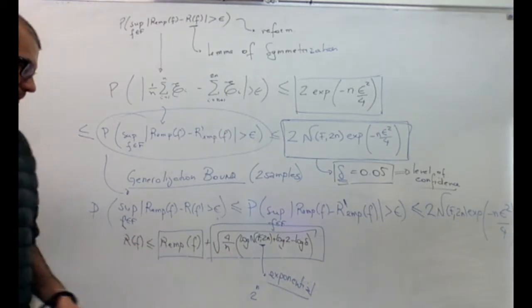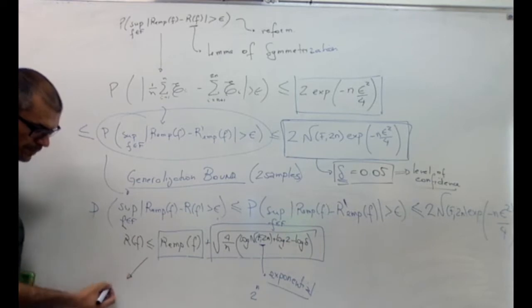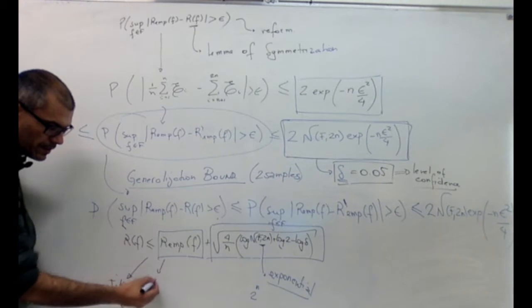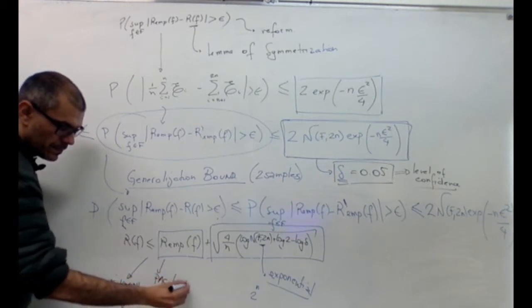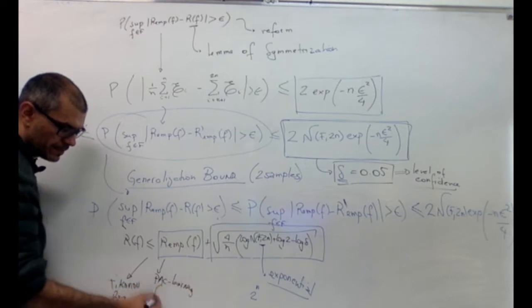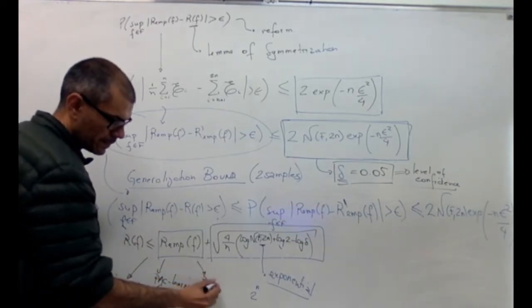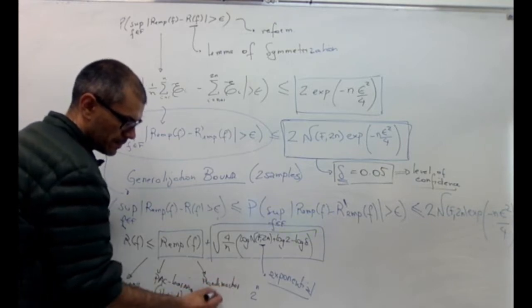Exactly after that, you know what's interesting? If you look for the Tikhonov regularization, if you look for PAC learning by Valiant, and if you look for Rademacher complexity, it's the same.